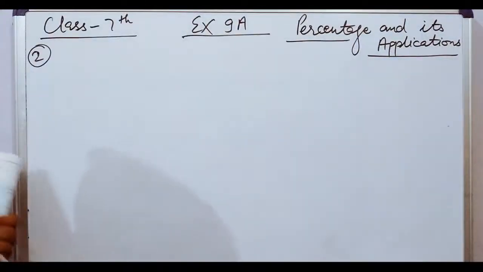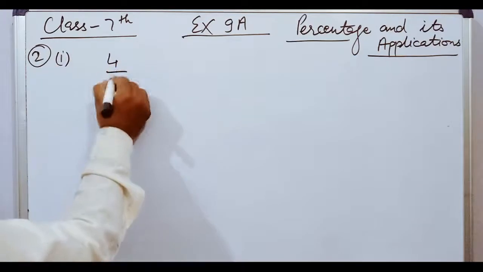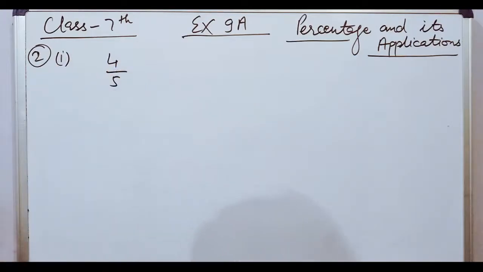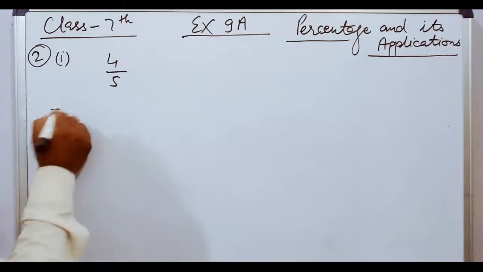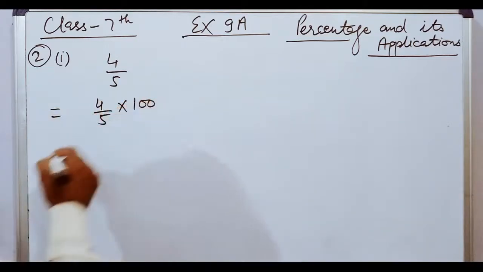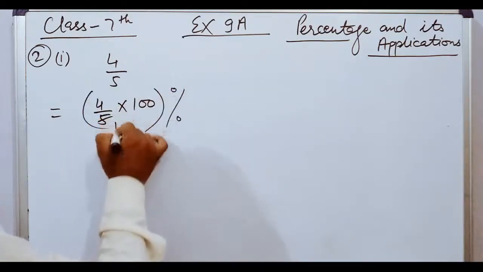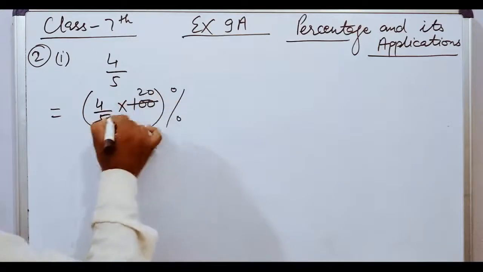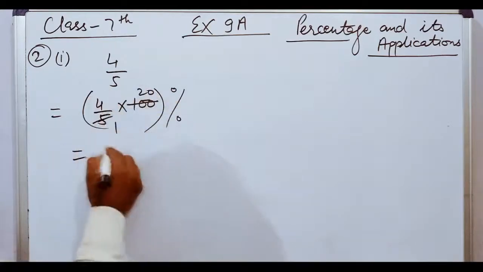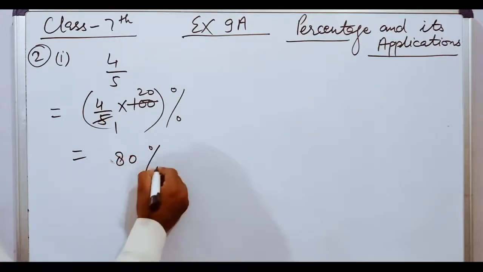Question number 2. Express each of the following fractions as a percentage. First part. So, dear student, when we convert fraction into percentage, then we will multiply by 100. Okay. 4 upon 5, we will convert it into percentage, then multiply by 100%. Okay. 5 1s are 5, 5 20s are 100. It is 4 20s are 80%. It is 80%.